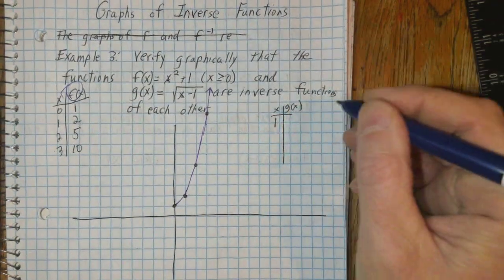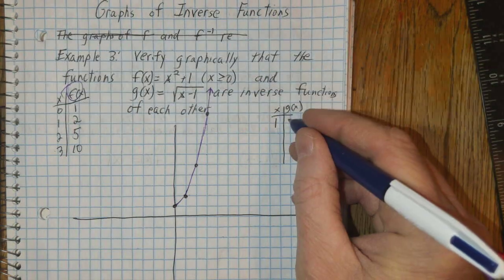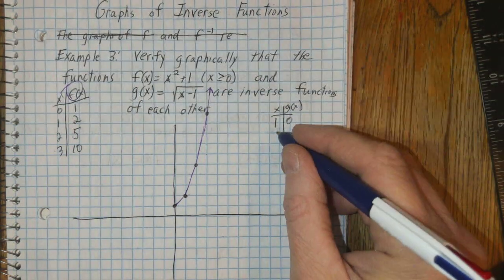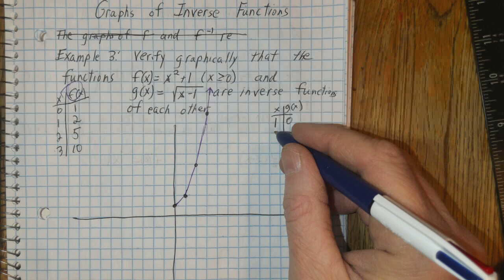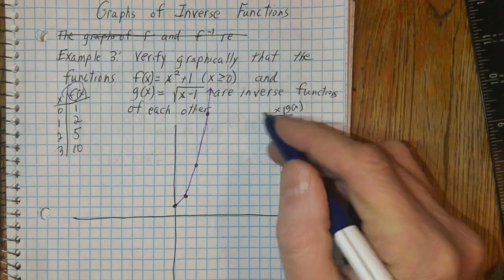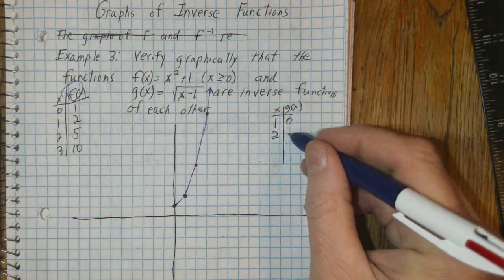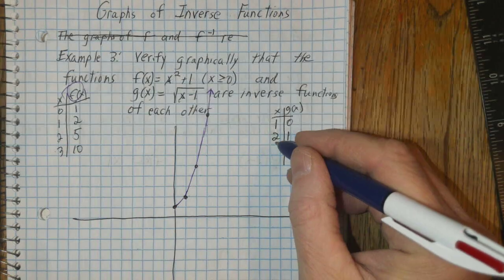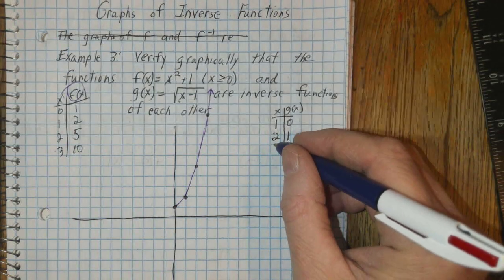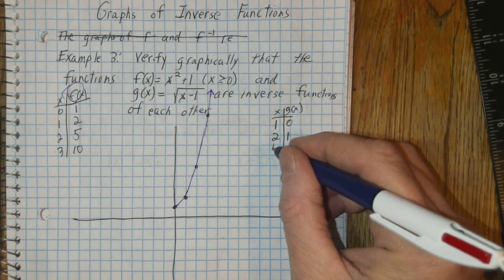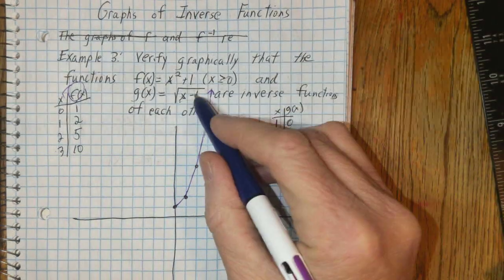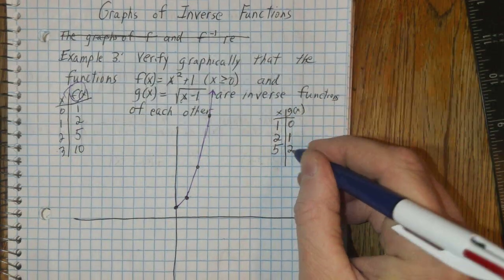So the smallest value x can be is 1, and 1 minus 1 is 0, square root of 0 is 0. You could go 2. 2 minus 1 is 1. Square root of 1 is 1. Could do 3, 4. I'm going to skip to 5 because 5 minus 1 is 4, and the square root of 4 is 2.